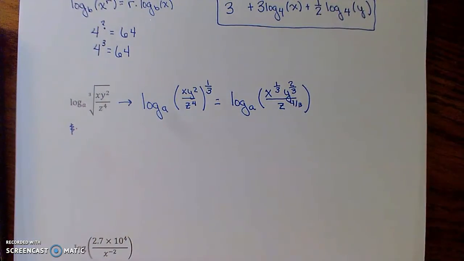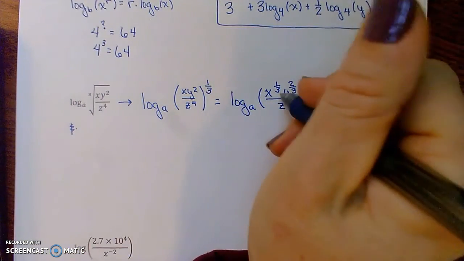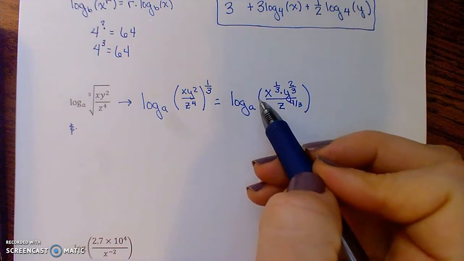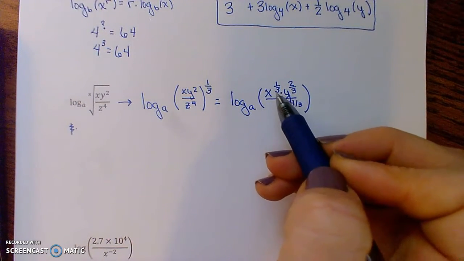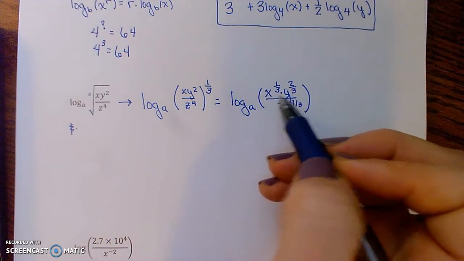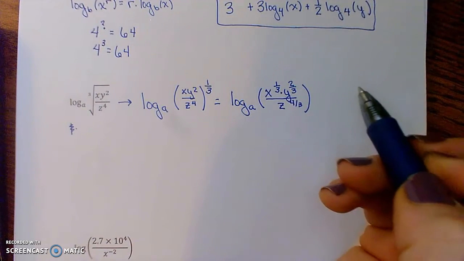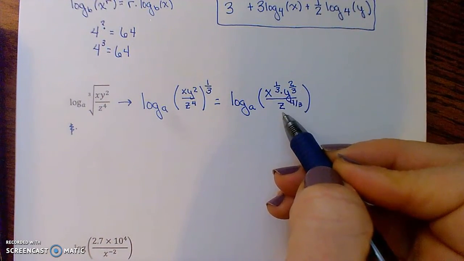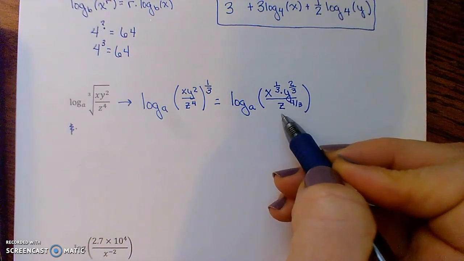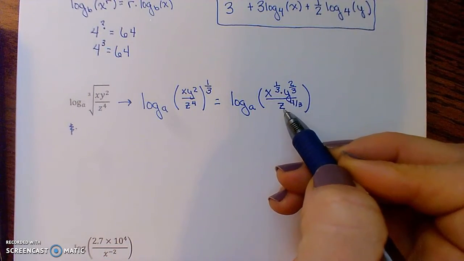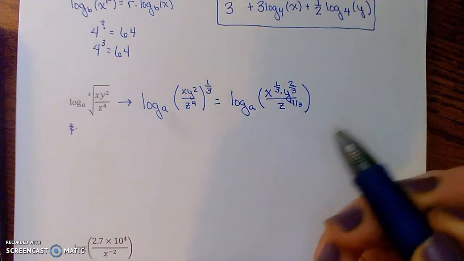All right, and now what I want to do is expand this out. Notice I've got a product in the numerator. So what I'll use is the fact that the log of the product is the sum of the logs. And also, since I'm dividing by z to the 4/3, I know that when I divide on the inside, that's like subtracting the logs.